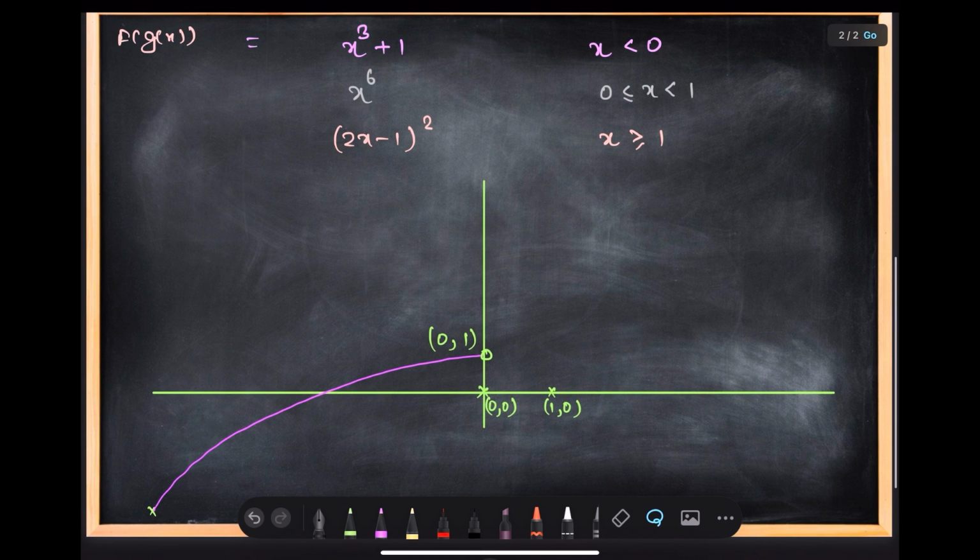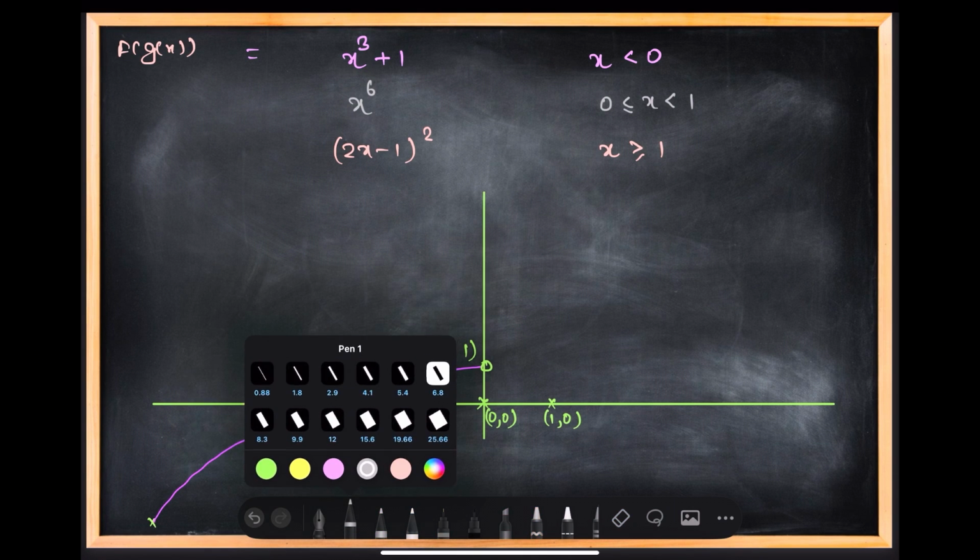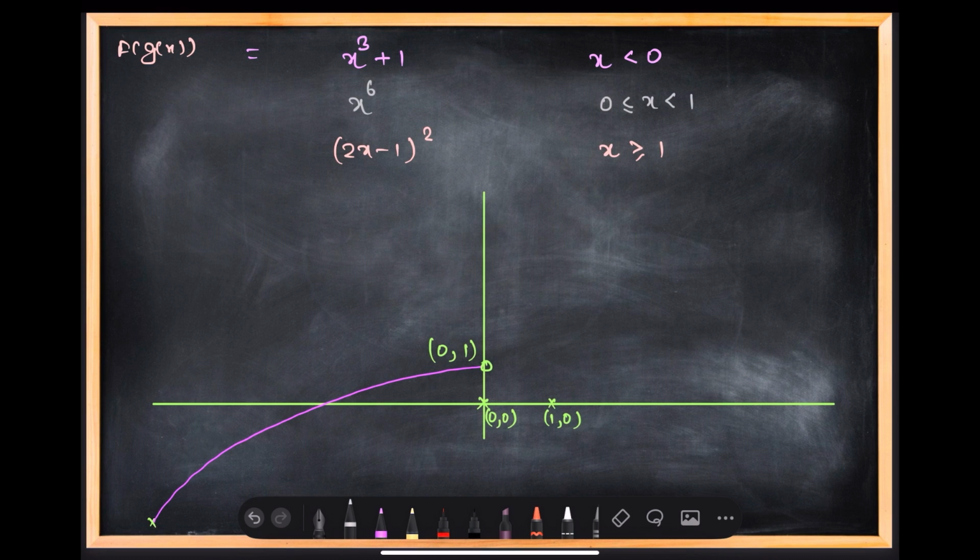Now focus on the second part. In the second part, you will observe that this is x power 6 and it is an upward opening parabola. Correct? Its critical point we will get at 0. Means it is an upward opening parabola, the vertex will be at 0.